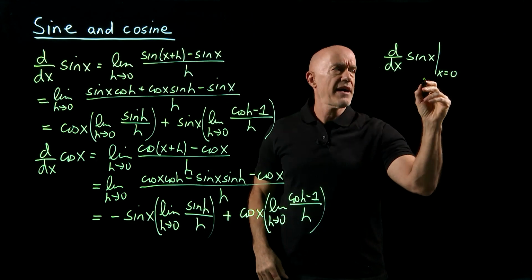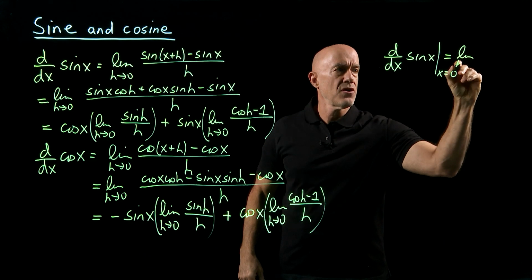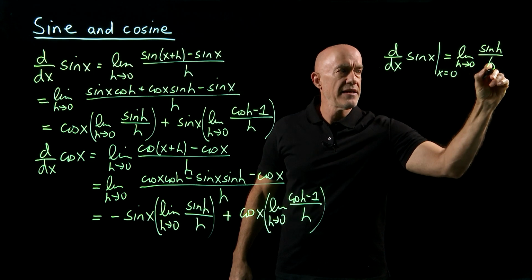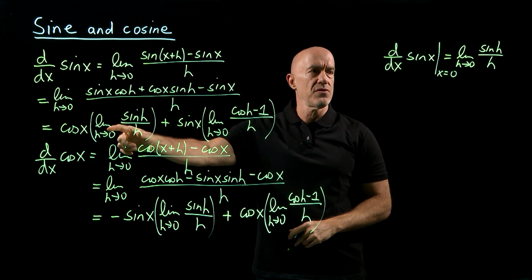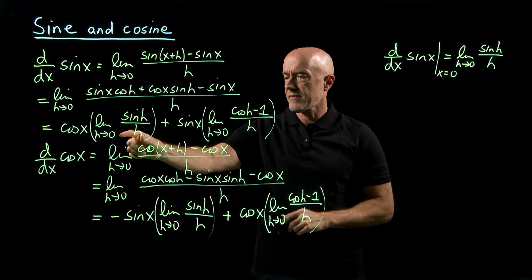So that is, in fact, equal to the limit as h goes to 0 of sine h over h. So this first limit here is just the value of the derivative of sine x at x equals 0.